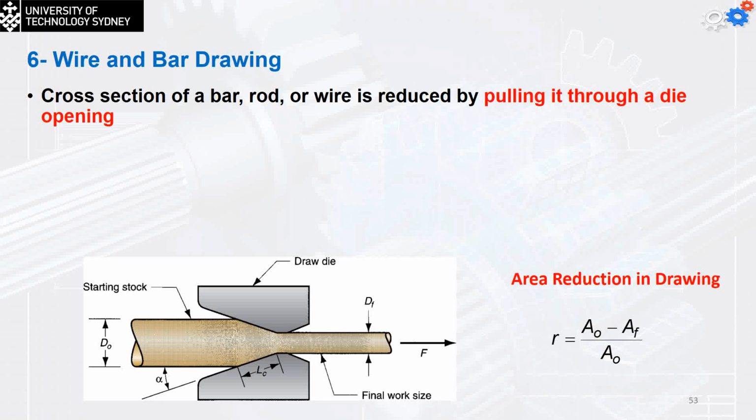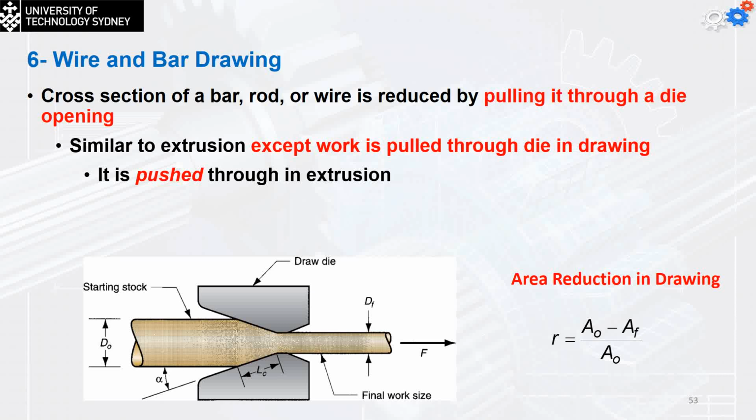The cross section of the bar, rod, or wire is reduced by pulling it through the die opening. It's similar to extrusion, except that the work is pulled through the die in drawing and pushed through in extrusion. Although drawing applies tensile stress, compression also plays a significant role, since the metal is squeezed as it passes through the die opening.